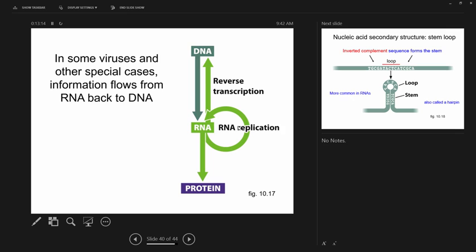So as we'll see in transcription, if you want to make RNA that looks like what I've got circled in green here, you're going to have to use as a template this DNA down here to make RNA that looks like the green strand.